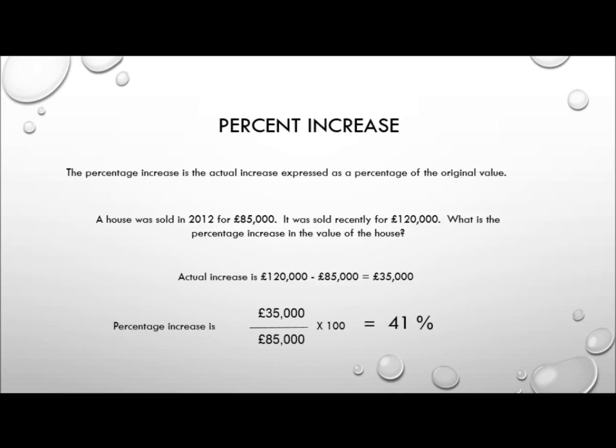So the actual increase is £120,000 minus £85,000, which is £35,000. So the percentage increase is £35,000 over £85,000 times 100, which is a 41% increase.